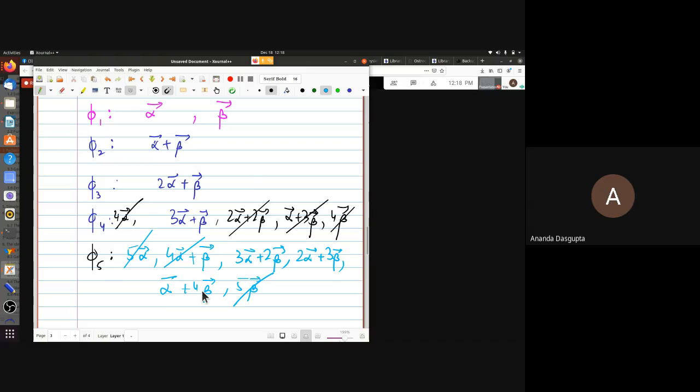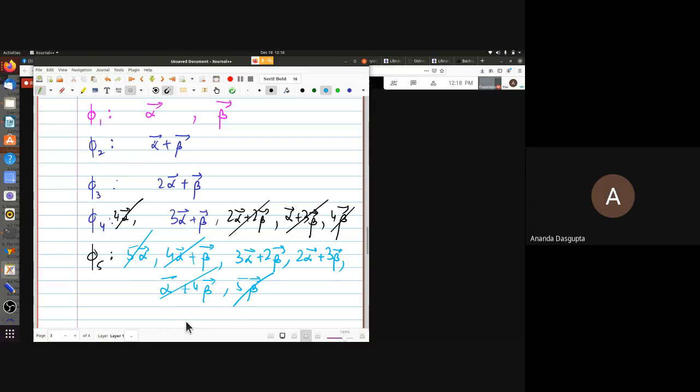So, which one are you trying to eliminate? 2 alpha plus 3 beta. Okay, but that's an easier one. Let's eliminate the easier ones first. There's one more which you can immediately say cannot be a root. This one, alpha plus 4 beta. Because you can't even shift alpha in the direction of beta more than once. So 4 beta is definitely out. So there are two possible candidates: 3 alpha plus 2 beta, 2 alpha plus 3 beta.